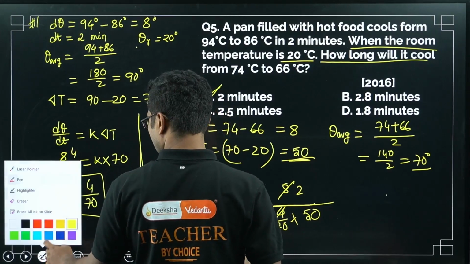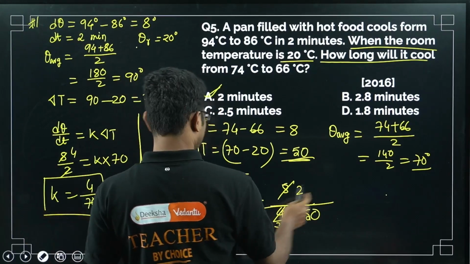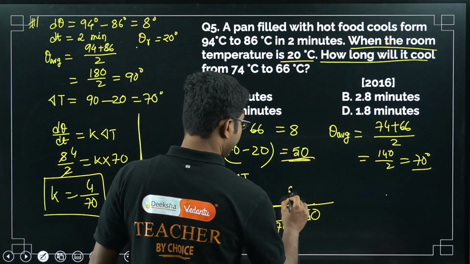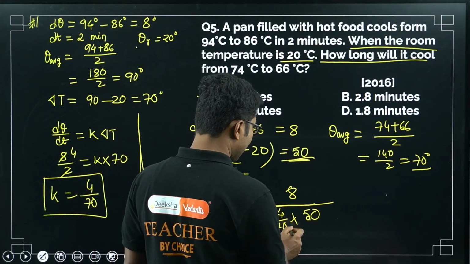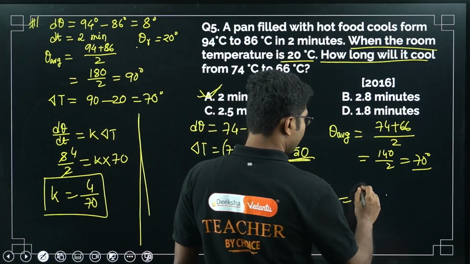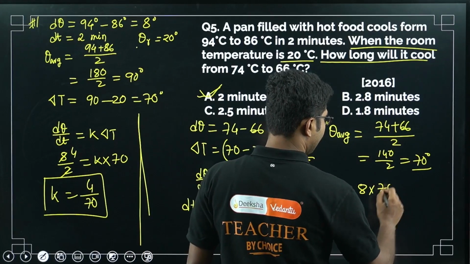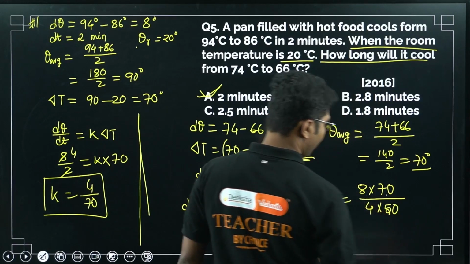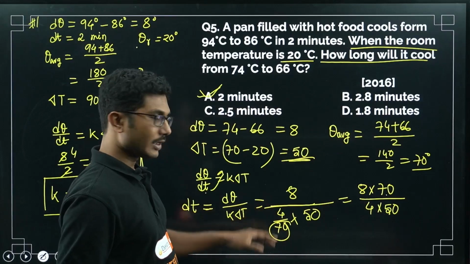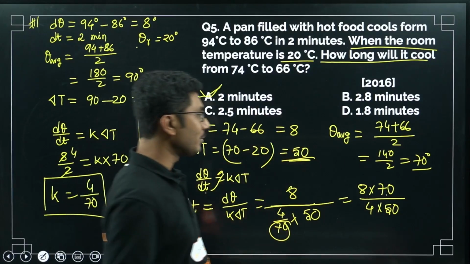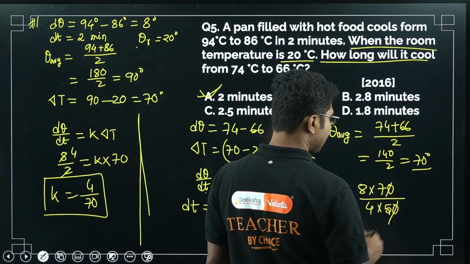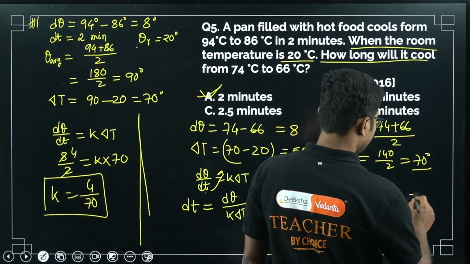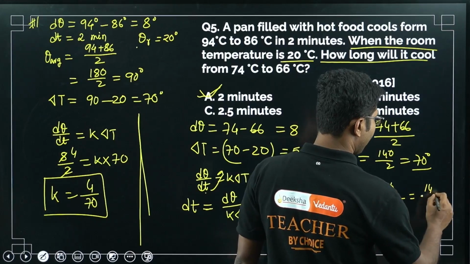So what will be the answer in this case? Let me erase everything and write this again. So 8 by 4. Now what will happen? This 70 will go up, so 8 times 70 divided by 4 times 50. This 70 was in the denominator of the denominator, so it goes up into the numerator. The zeros cancel, 4 twos are 8, and 7 twos are 14, divided by 5.